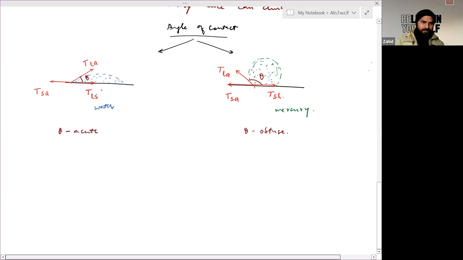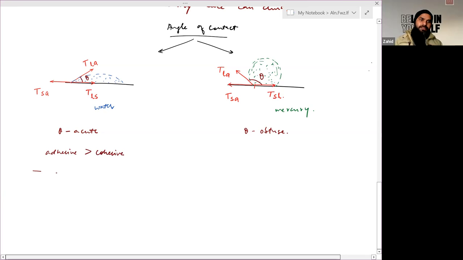In the first part, water particles have greater adhesive force to cling with particles of this particular surface and get spread out. So we can say adhesive force in this case is stronger as compared to cohesive force.